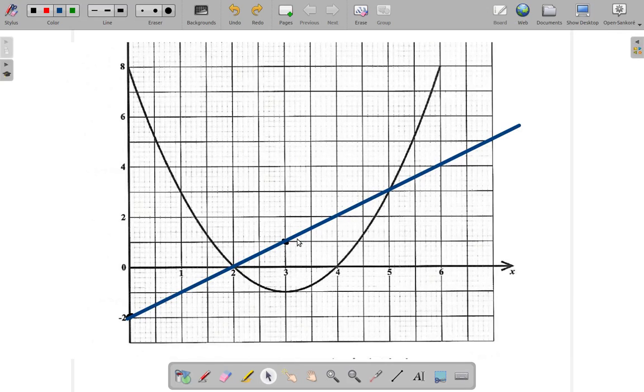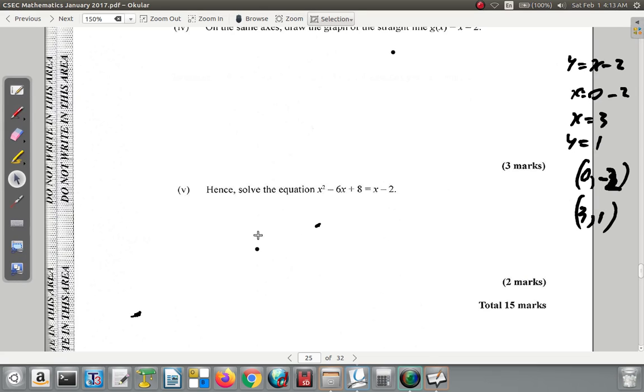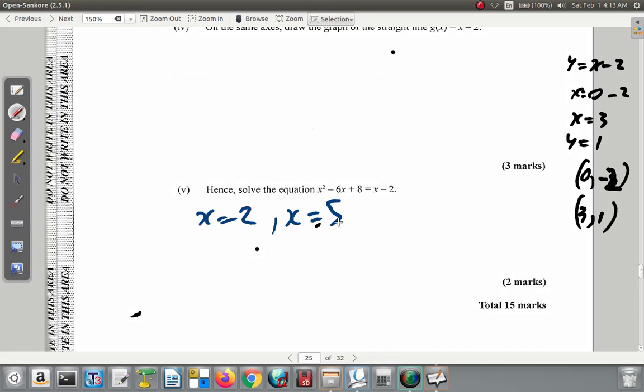See where they cross. They seem to cross at x equals 2 and x equals 5.